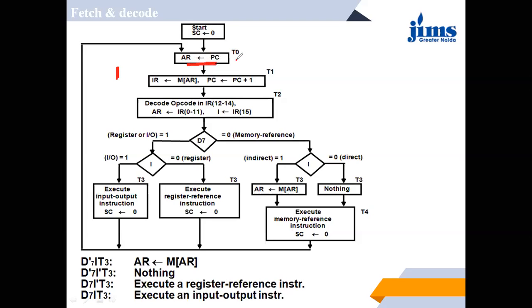At time T1, means in next pulse, the value of program counter is going to be increased by 1, and it puts the memory pointer at AR, or it accesses the content from memory at address register AR and transfers it to instructions register.